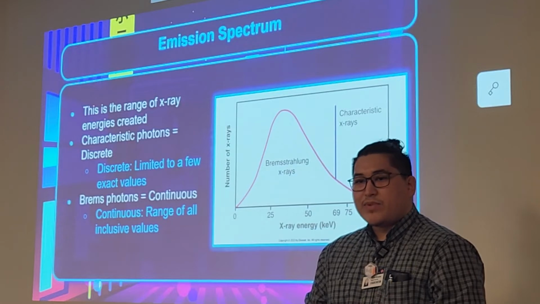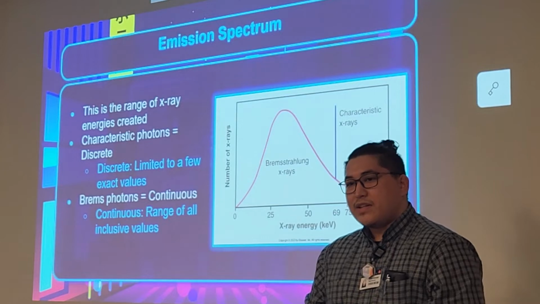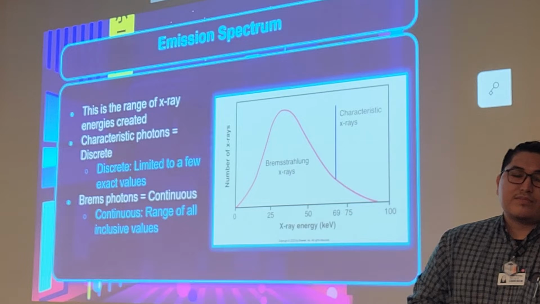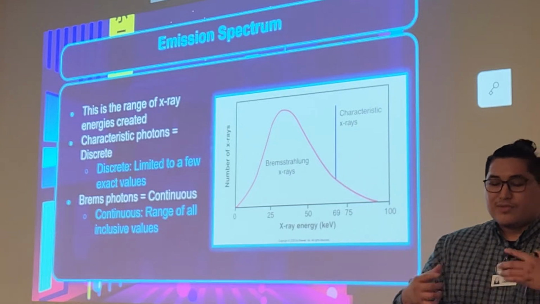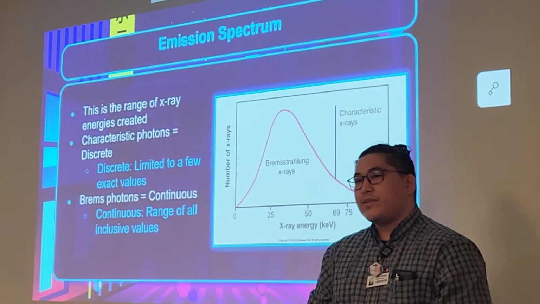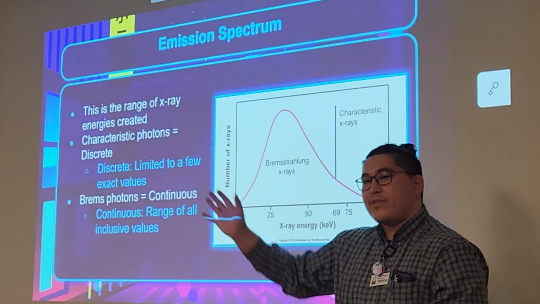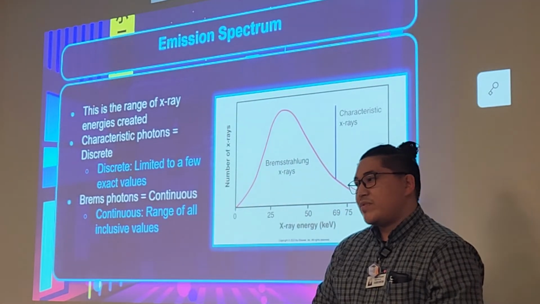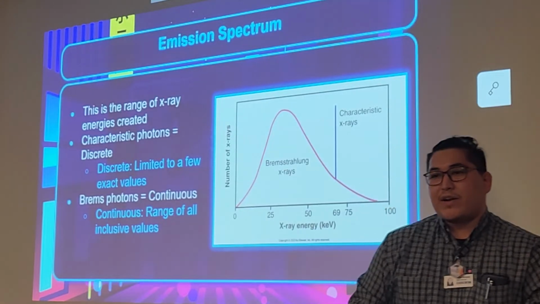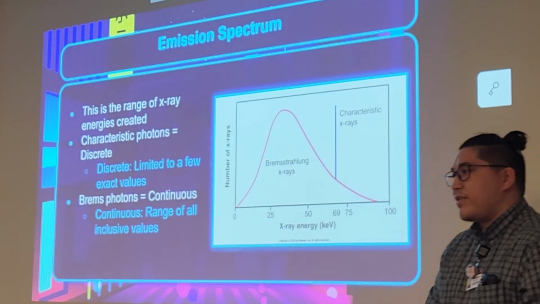The energy produced through Bremsstrahlung is the difference between the energy of the incident electron and how much energy it loses from braking as it gets near the nucleus. That releases a photon. So depending on how hard it brakes, it can be a small or high energy value.